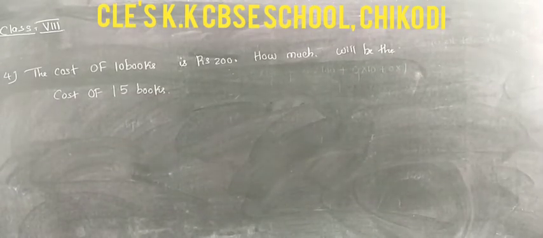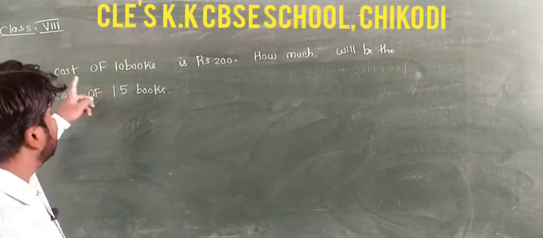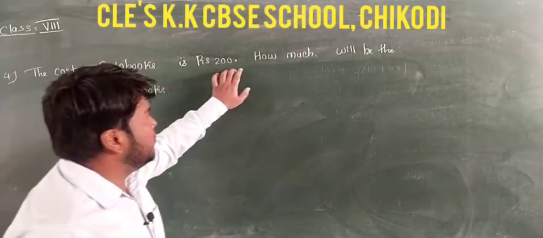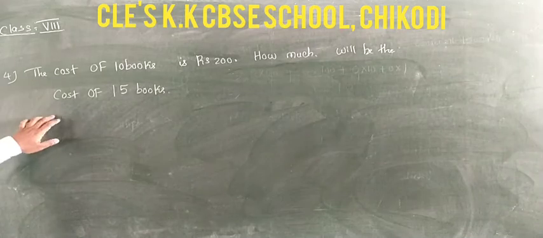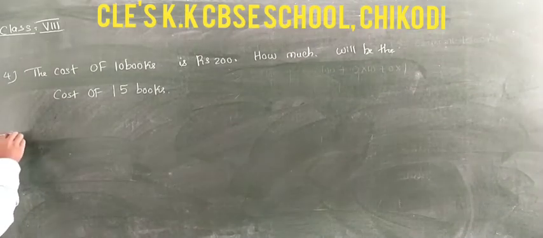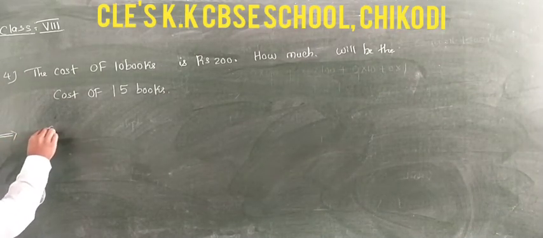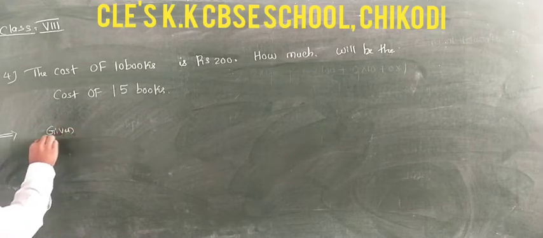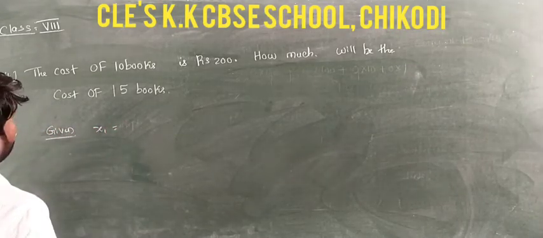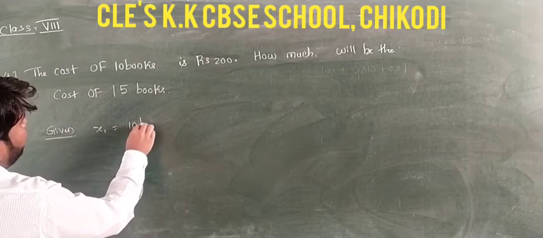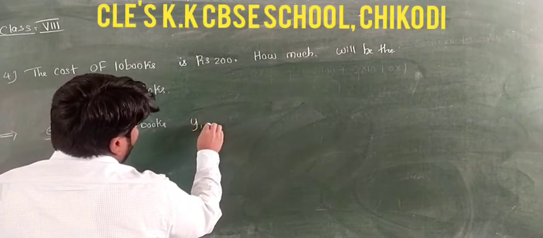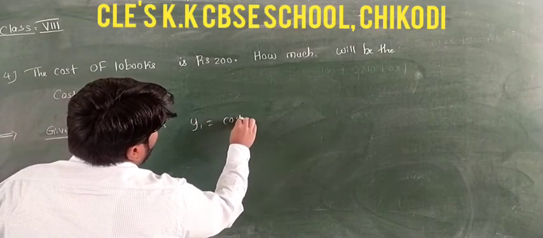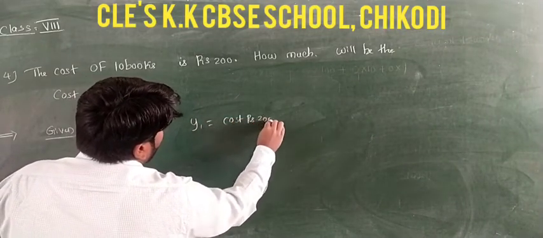Hello dear students, welcome back to one more question, from your direct and indirect proportion. The cost of 10 books is rupees 200. How much will be the cost of 15 books? See here, x1 is given as 10 books, y1 is the cost, that is rupees 200.